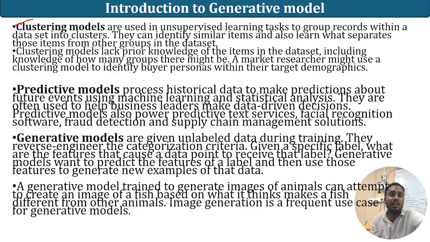Clustering models are used for unsupervised machine learning tasks to group records within the dataset into clusters. So they can identify similar items and also learn what separates those items from the other groups in the dataset.